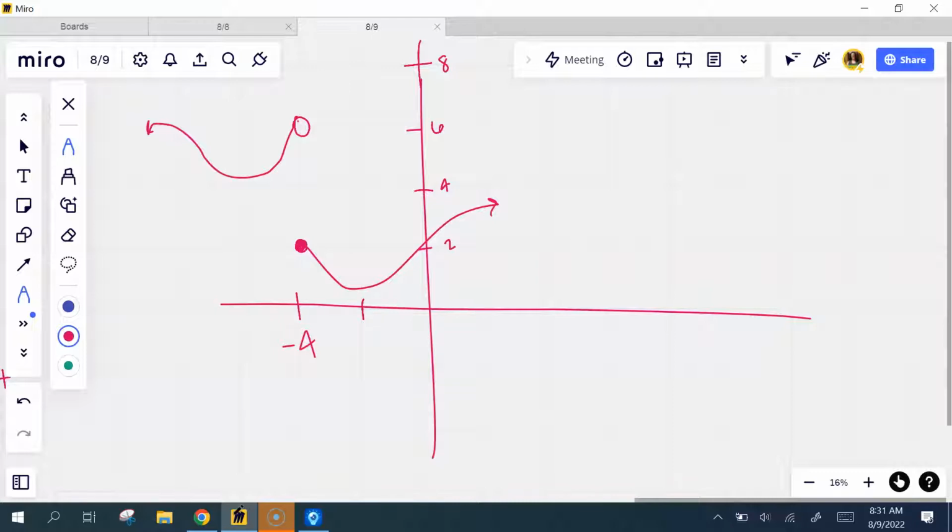Let's call this g of x. What is the limit as x approaches -4 from the left of g of x?